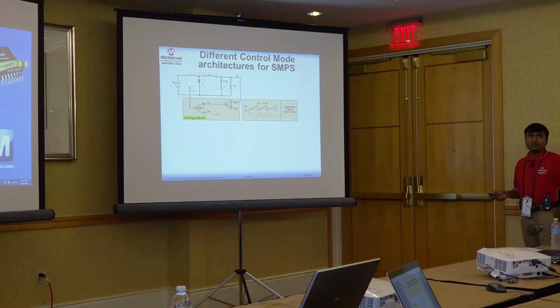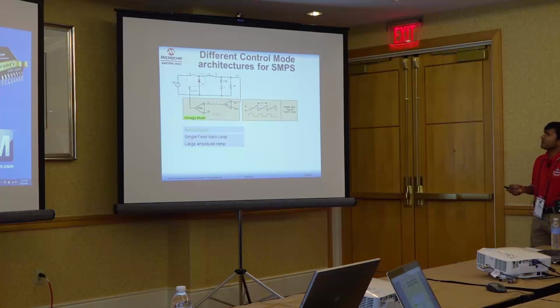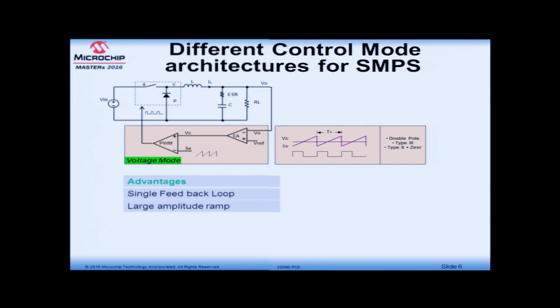The main advantages of this method are that it is well understood and has a single loop, so it is very easy to analyze. There is a large amplitude ramp signal, so the noise immunity in voltage mode control is much better compared to other control modes. But there are some disadvantages. If there is any input change or output change, it has to go through the output node before it gets corrected at the output.